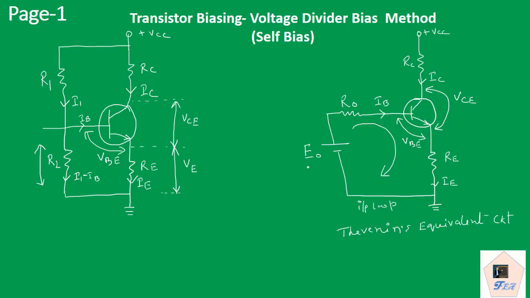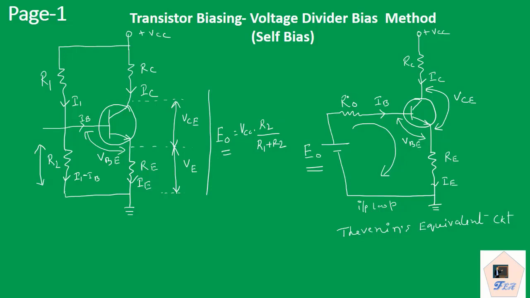So here we have this voltage source E0. If we try to find the value of E0, it will be equal to the drop across R2. The total voltage supplied is VCC, and using this voltage divider network, we can write E naught is equal to VCC into R2 divided by R1 plus R2. So this is the value for E naught.